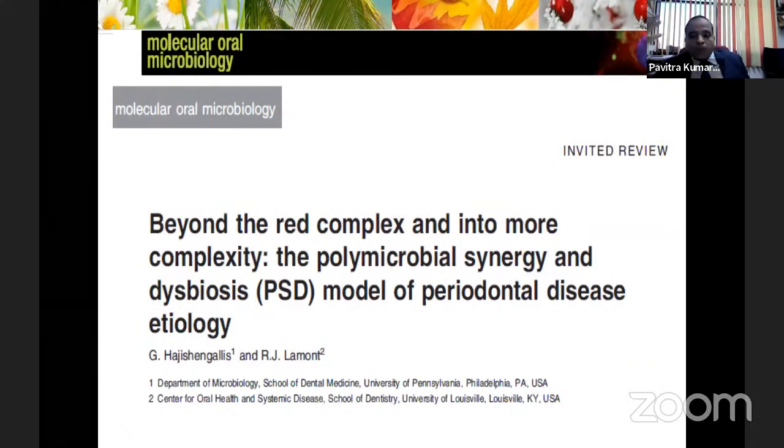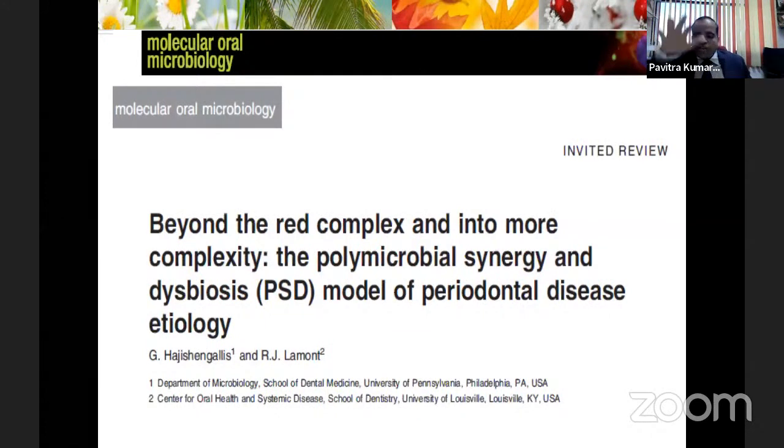Reduction in microbiologic factors. So the importance is these five things: microbiology, immunology, systemic, genetic, and behavior. We cannot change our genetic factor, but we can change our environmental factors, our stress factor, and our microbiologic factors.